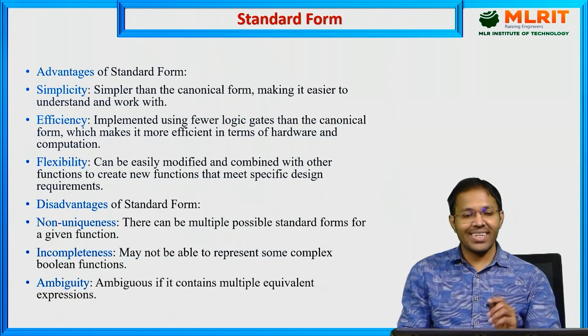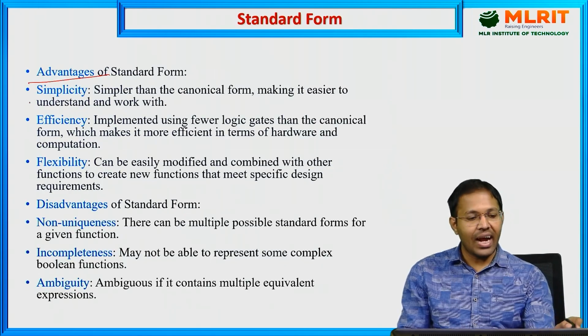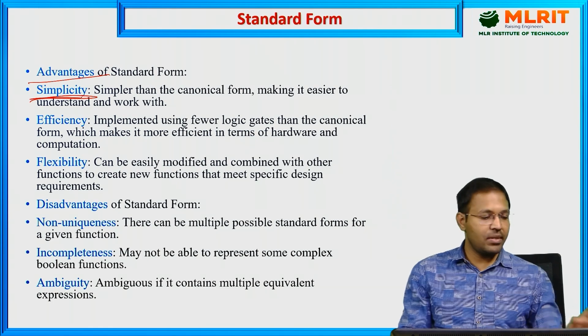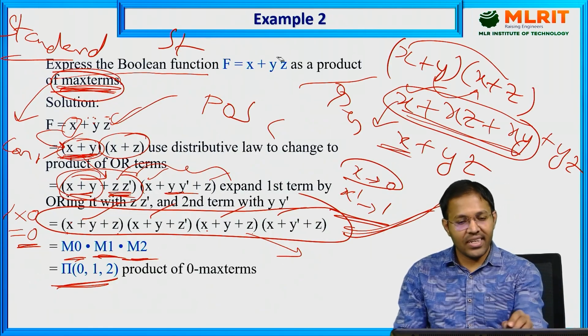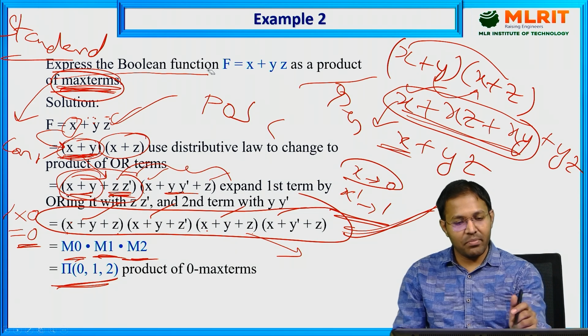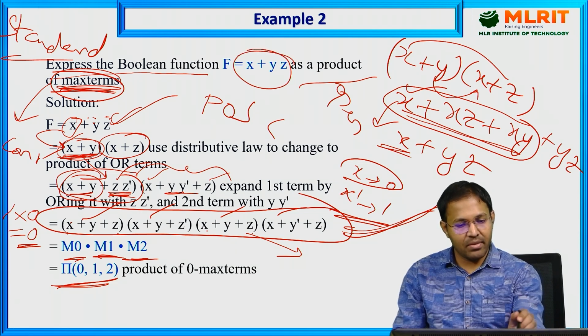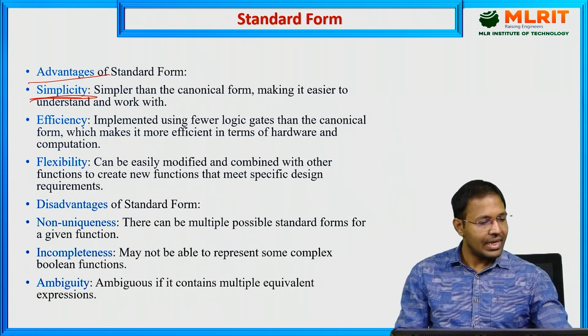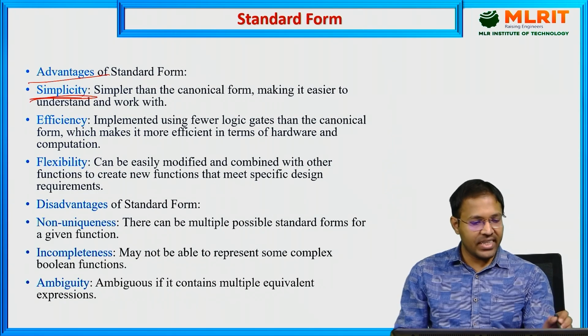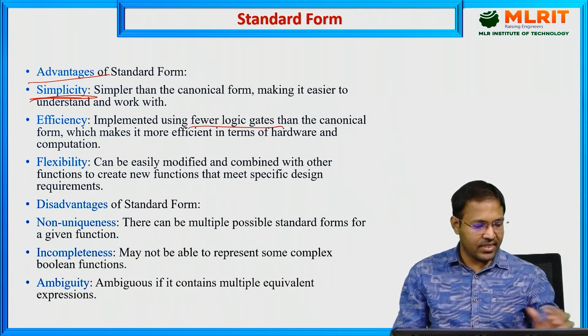Let us look at standard form. Advantages. First of all, simplicity. Like we have seen here, the term is very simple. The standard form is very simple. Next, efficiency, fewer logic gates.